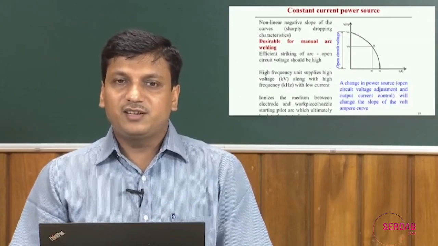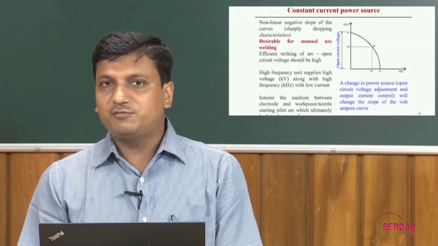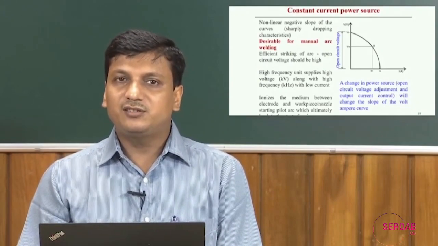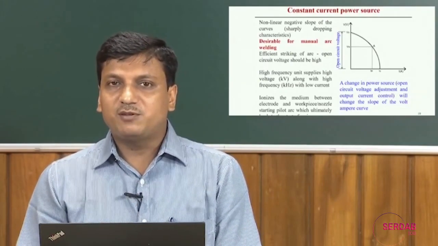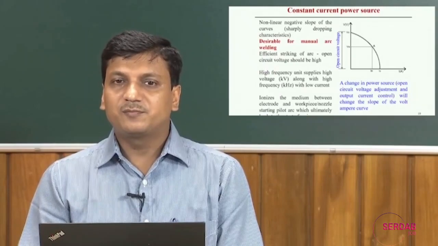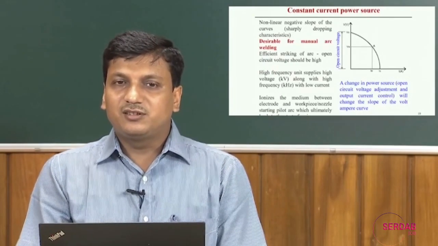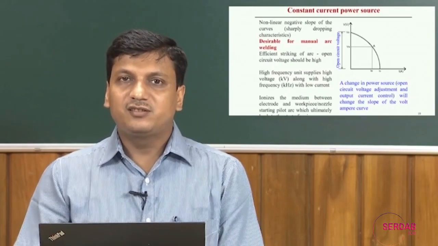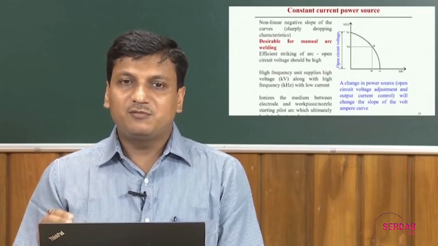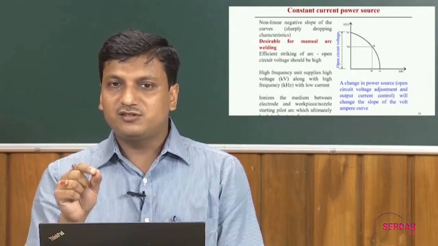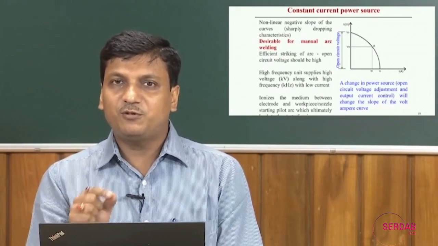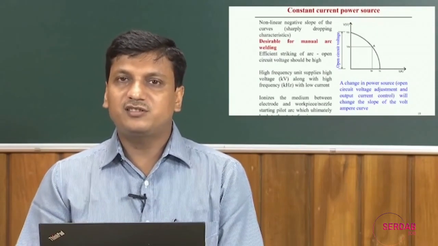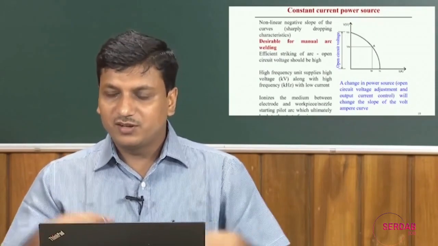So, to create the arc, it should follow this type of typical characteristic of the power source that starts with a very high open circuit voltage, and then the drop of the voltage occurs rapidly, and it follows a very nonlinear path, and it is a sharply dropping characteristic.